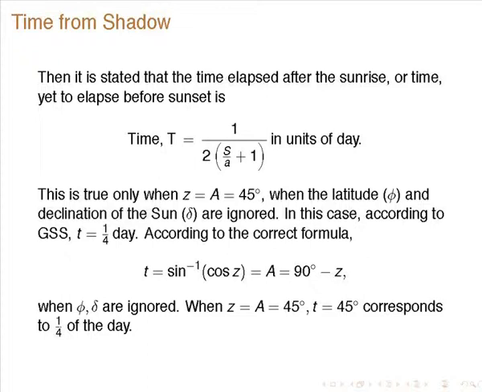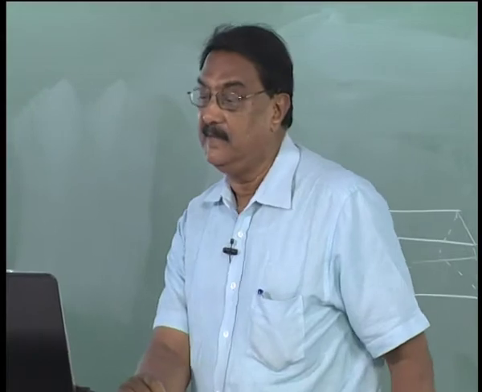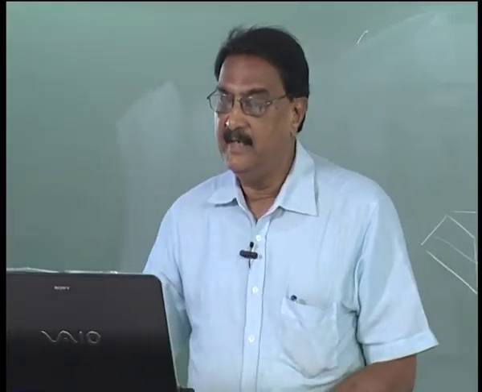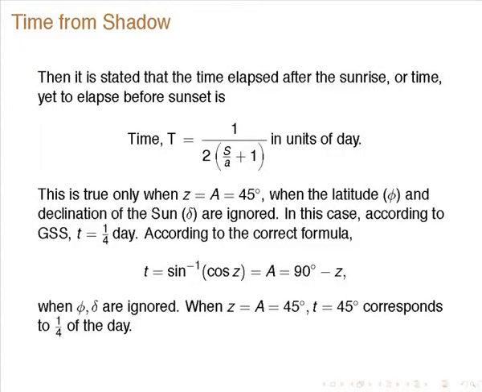One certainly knows that this cannot be correct, because time is a little more complicated and will not be given in terms of the shadow so easily. In fact, it is correct only for a very particular case, when Z is equal to A is equal to 45 degrees, when the latitude, which we call phi, and the declination of the sun are ignored.